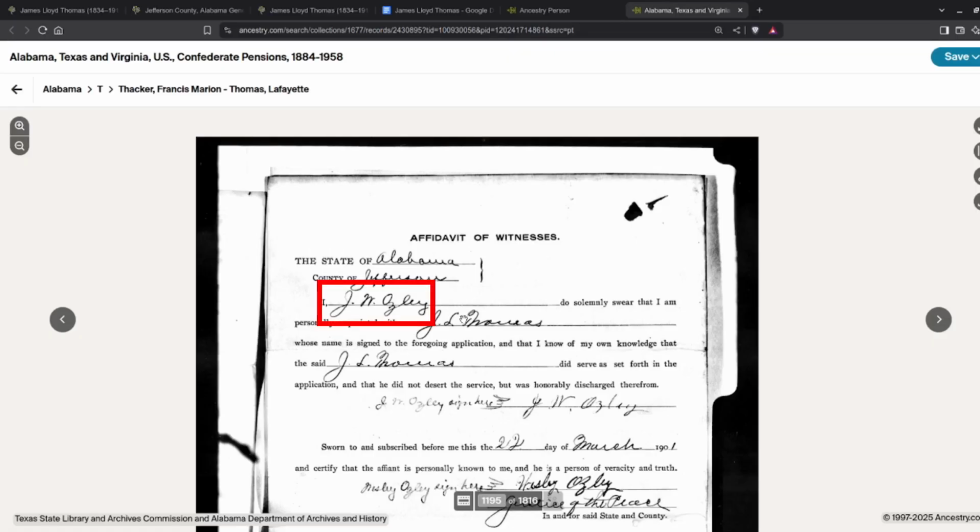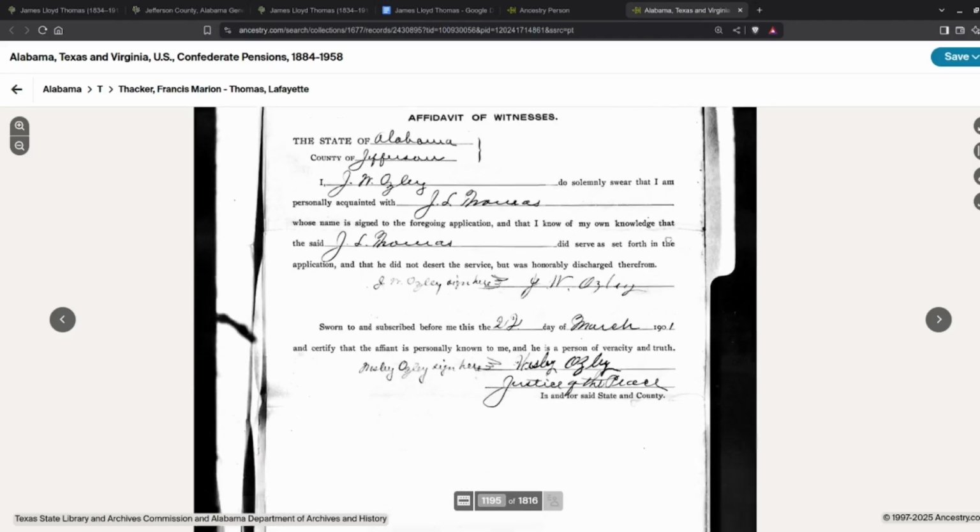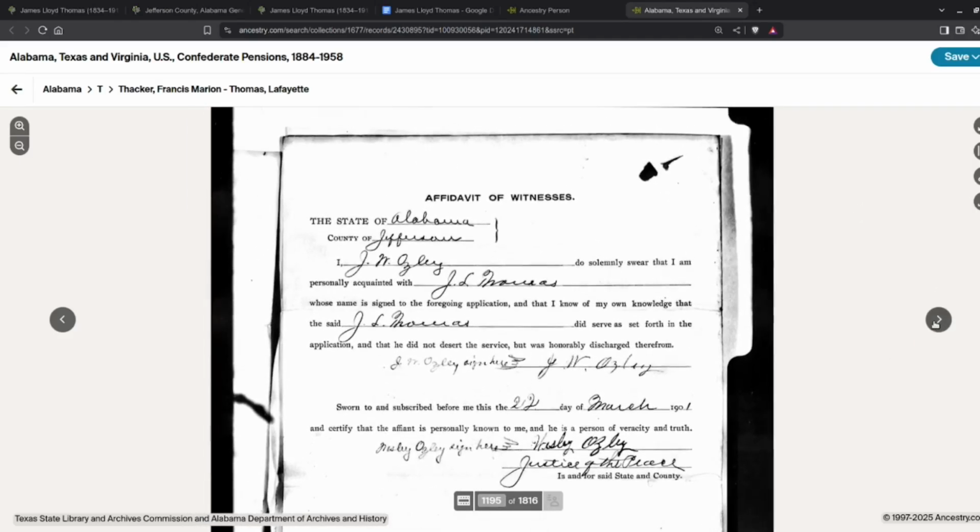So those two men we'll probably want to research at some point and maybe add to our research plan to find out who these men are and where they lived. If they lived in Otaga County at some point, that could indicate that those two separate profiles are for the same person through indirect evidence. All right, let's go forward here.